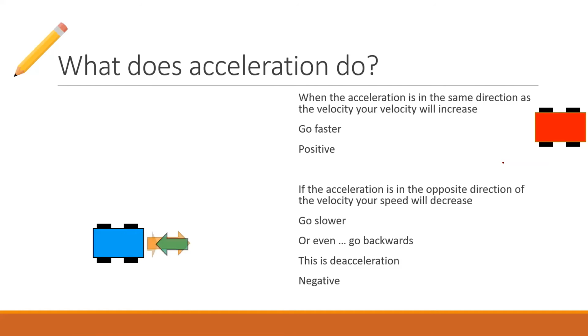That means that your velocity will decrease. Your speed will get smaller. And so this car is now going to move slower. That's the difference. So just so you know, acceleration means something speeding up or slowing down. If the acceleration is in the same direction that you're traveling, you speed up. If it's in the opposite direction, you will slow down.